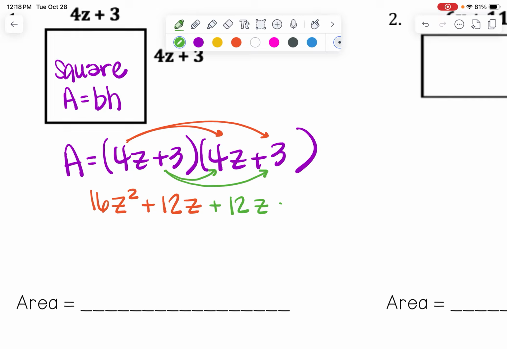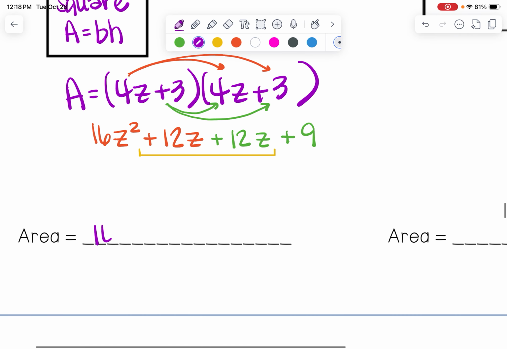And then 3 times 3, which is 9. And then, of course, I have my like terms of z's in the middle that I'll be able to combine. So our final answer would be 16z squared plus the 24 total z's in the middle, and then my constant of plus 9. And that would be the expression that represents the area of the square.